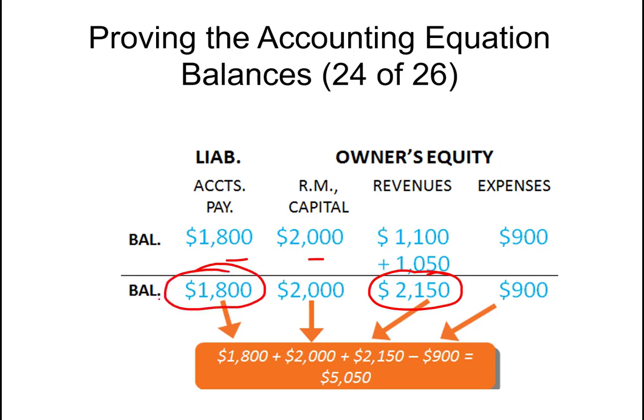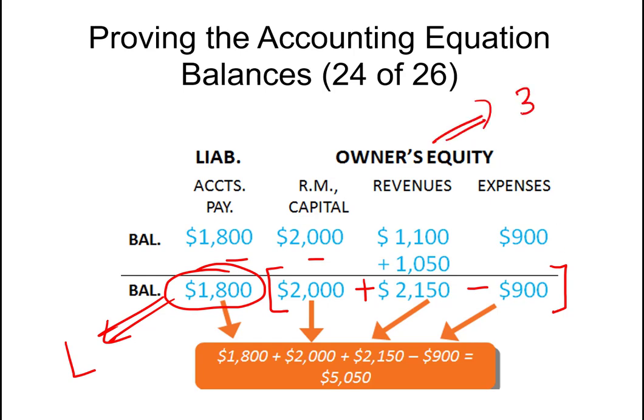Liability remains unchanged, but our owner's equity has changed. 2,000 plus the revenue 2,150 and then minus 900, that gives 3,250.